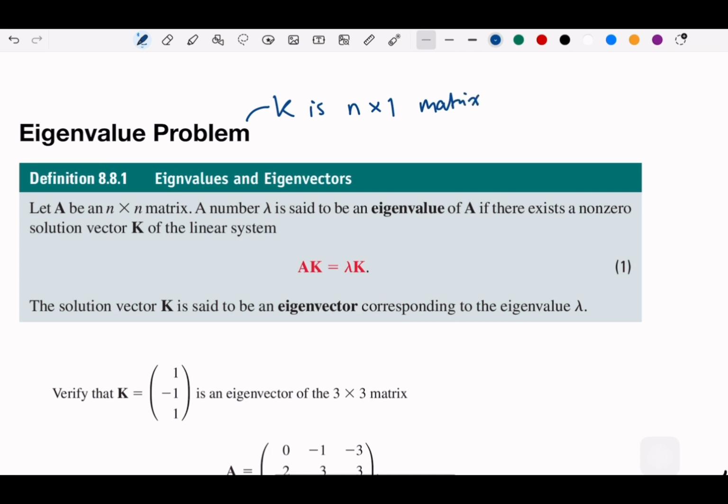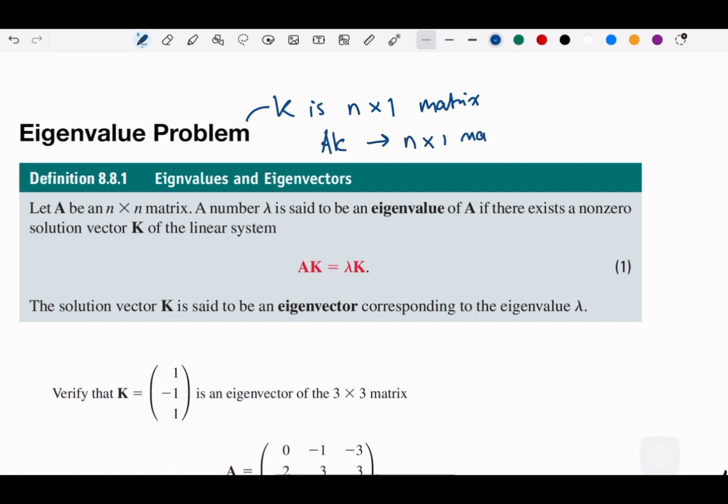So we have a column vector. Then we have the multiplication AK. That will be a matrix AK that is defined, and it will be another n by 1 matrix.